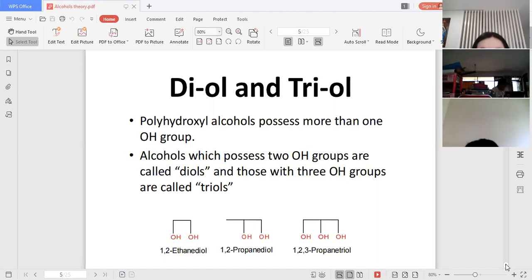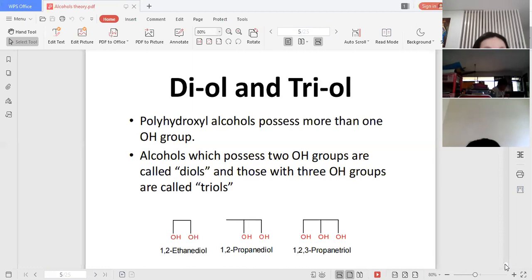Using cold acidified potassium manganate, alkenes will become diol. With hot potassium manganate, the alkene will hydrolyze into aldehyde, carboxylic acid, ketones, or also can form carbon dioxide.